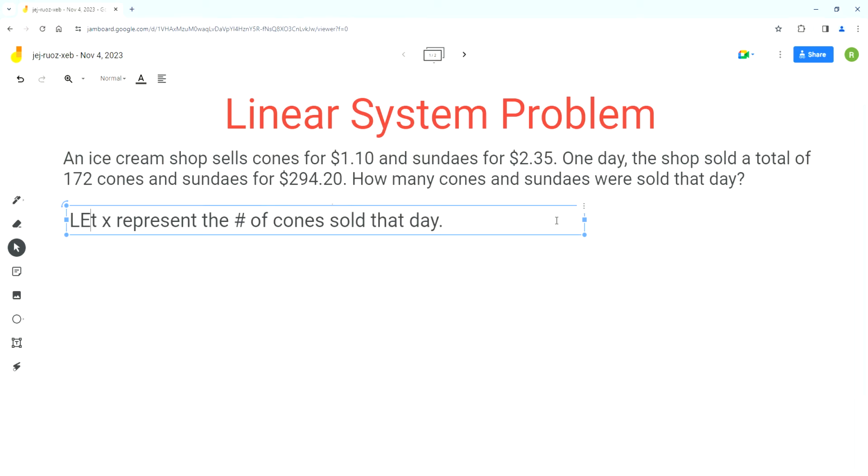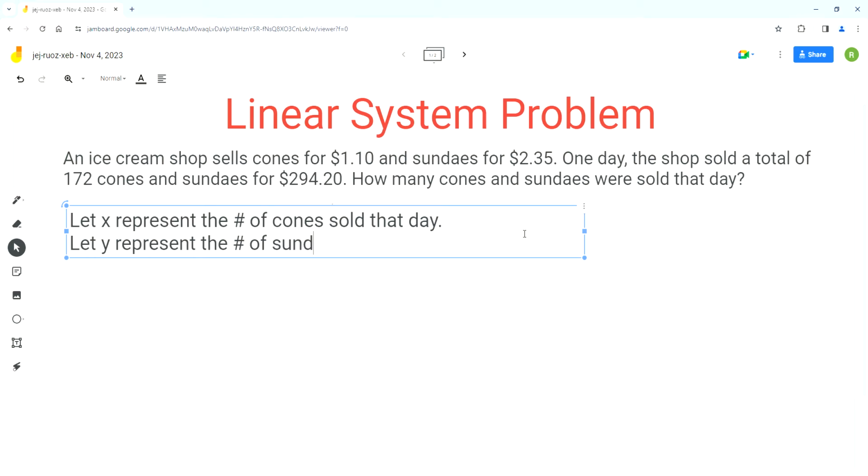And our second let statement will be let y represent the number of sundaes sold that day. So these are the two variables we'll have to use to write the equations based on the given information and then solve those equations to find the values of x and y.